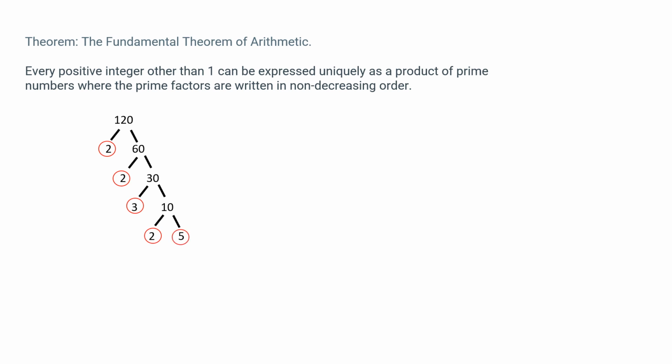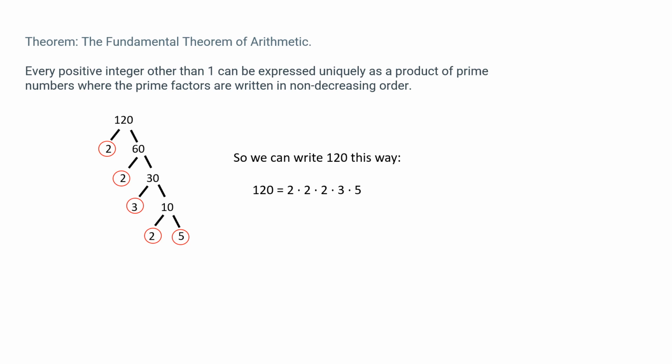Then what this means is that we can write 120 as the product of these numbers. So I could write 120 as all of these multiplied together. But notice as part of this theorem, it says prime factors written in non-decreasing order. So basically, we would want to start at the low end and then either stay there or increase until we're done.